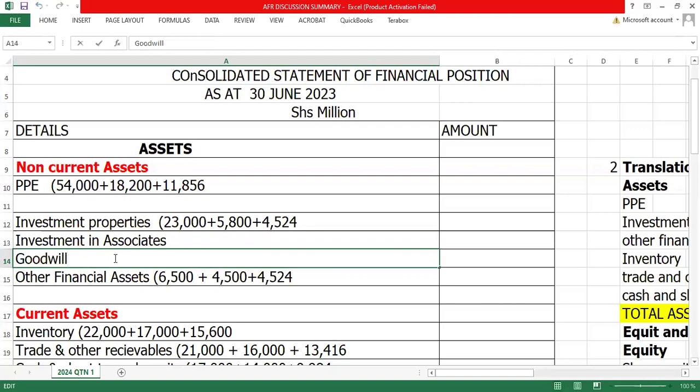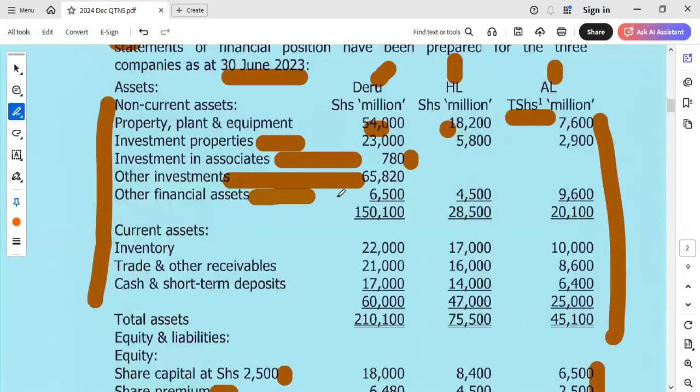You will do the working for goodwill. Then where you have other financial assets, you consolidate. You get this plus what you translated. You do the same for inventory. You do the same for trade.